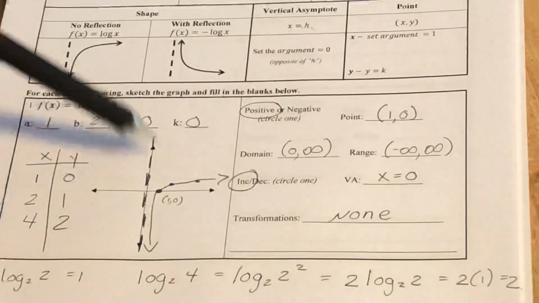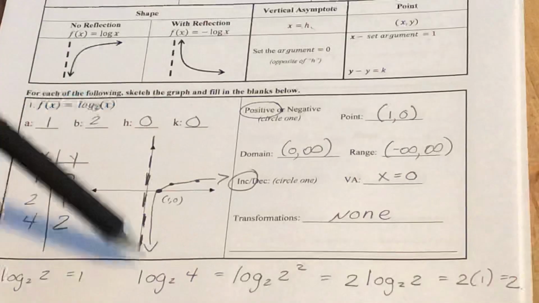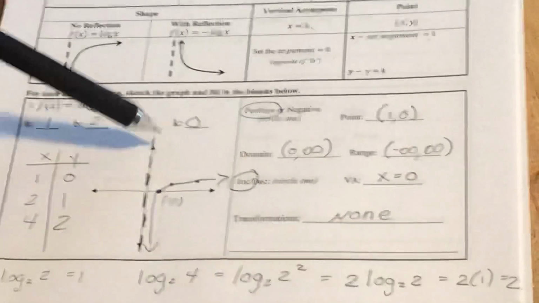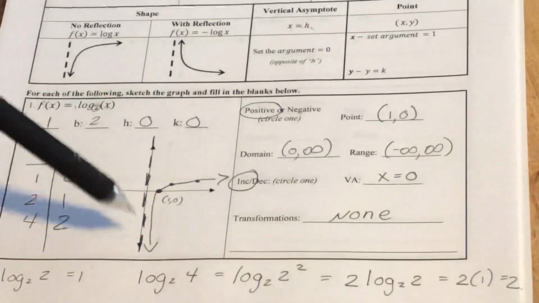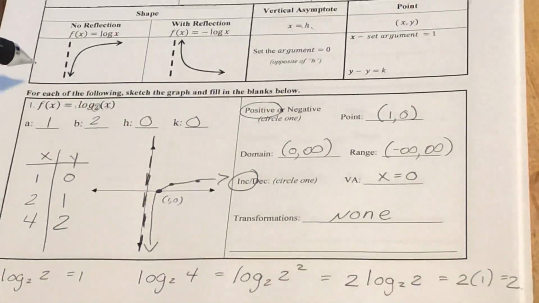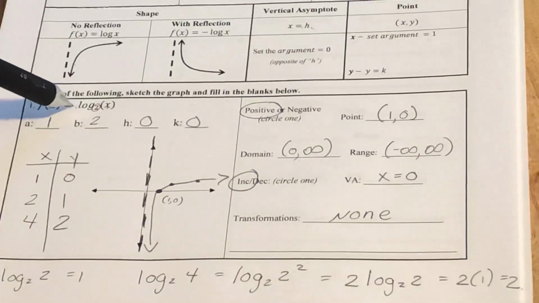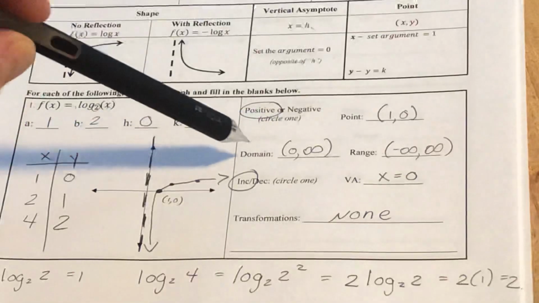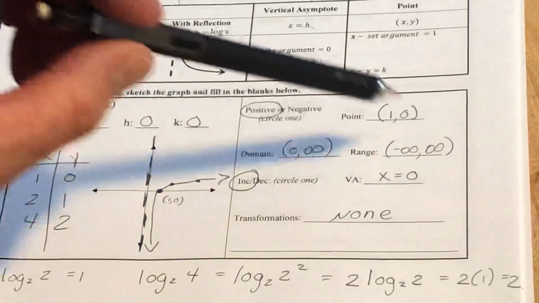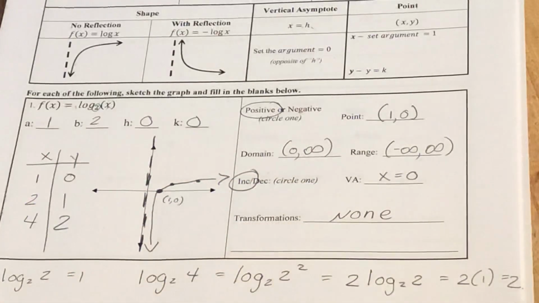Since it doesn't move left or right, our asymptote will be x equal to 0, basically along the y-axis. We plotted our 3 points. Understand it's going to curve straight down from there. It is positive because there's no negative out front. It hasn't been flipped. Our point is 1, 0. Our domain is 0 to infinity, and range is negative infinity to infinity. Vertical asymptote is 0, and there have been no transformations.